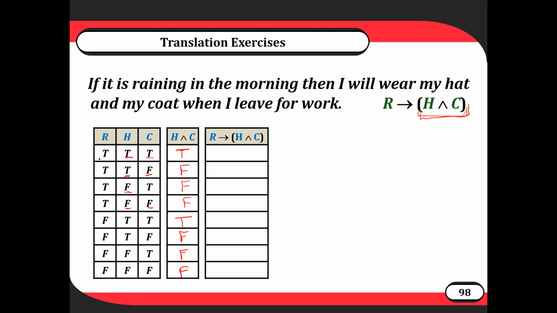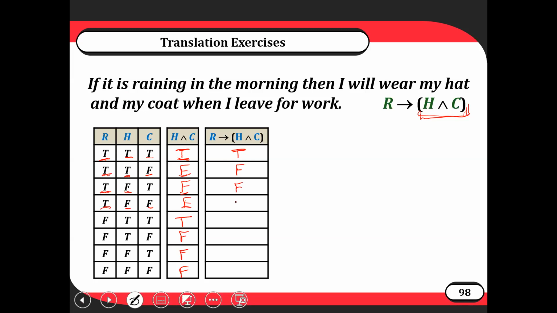So we're going to look at the value here for R and the value here. So R implies H and C. If they're both true, then we can safely say that's true. Here we have R is true and H and C is false, so that's going to be false. Here it's true, here it's false, that's again false.